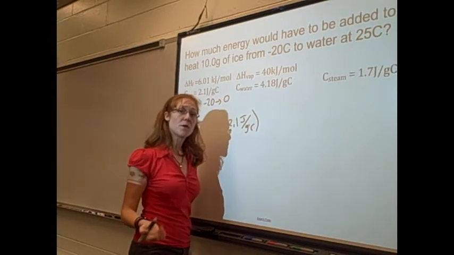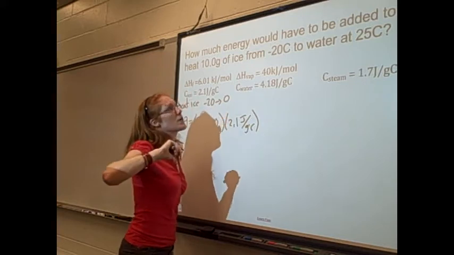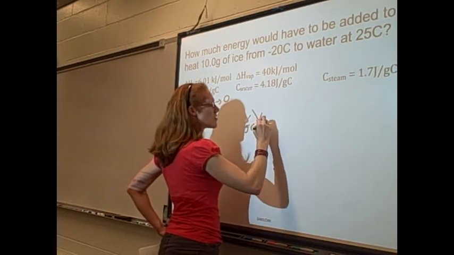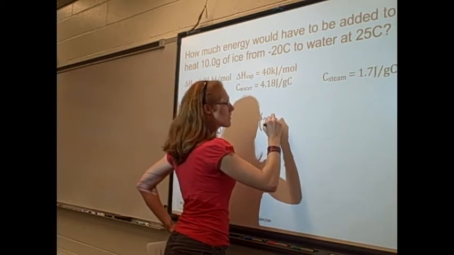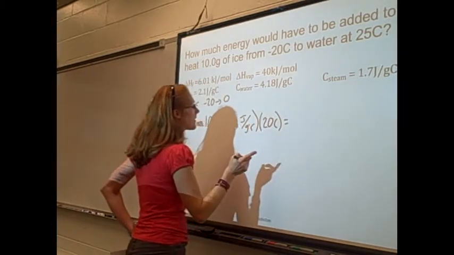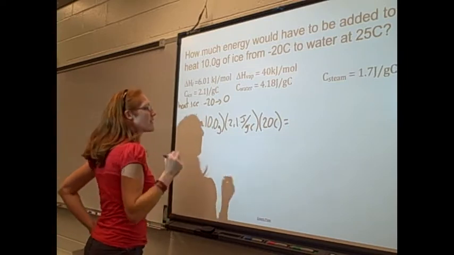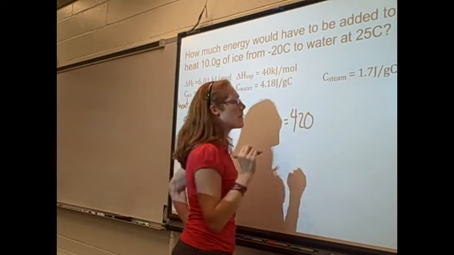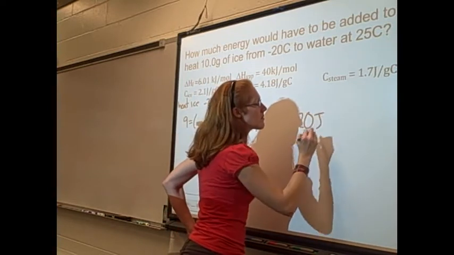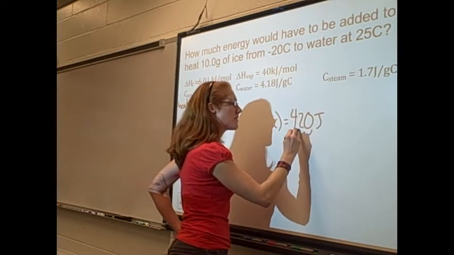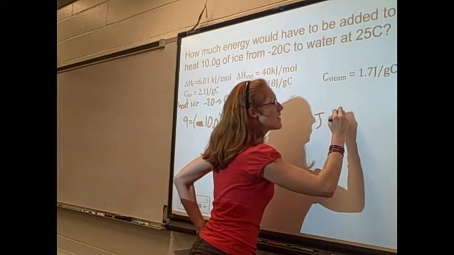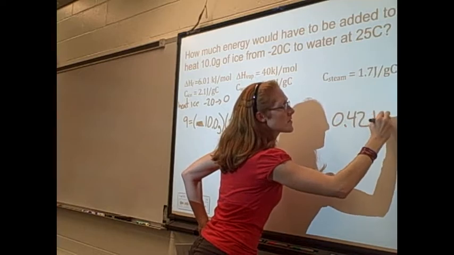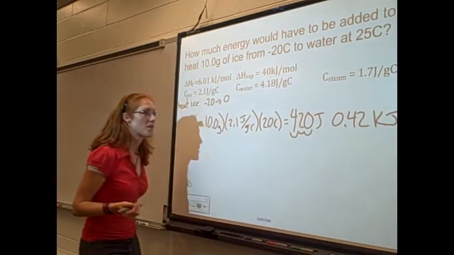I'm going from negative 20 up to 0. So I go final, 0, minus initial, negative 20. So that's a change in temperature of 20 degrees. And I go ahead and calculate that, and I'll get it in joules. It's 420 joules. My other values are going to be in kilojoules, so I'm going to convert this to kilojoules by dividing by 1,000. So 0.42 kilojoules. Okay, so that's the first step.